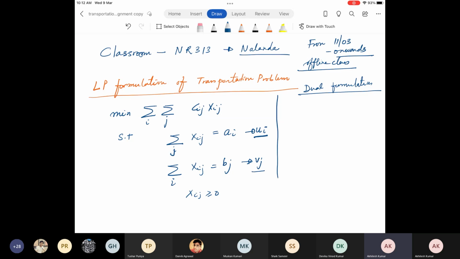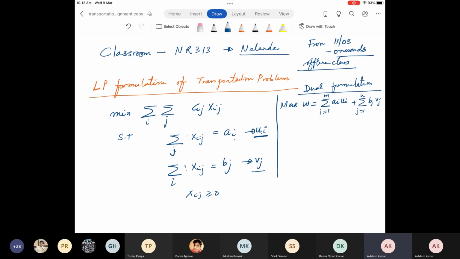Very good. So maximize W equals summation Ai into ui, i equals 1 to m, plus summation j equals 1 to n of Bj vj.